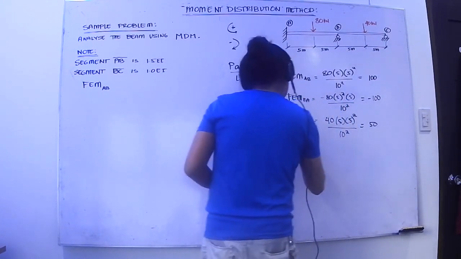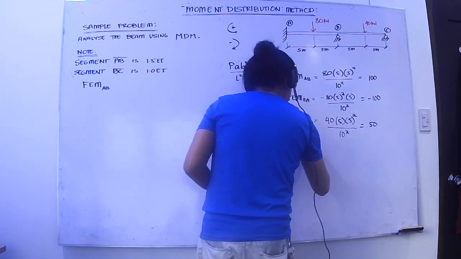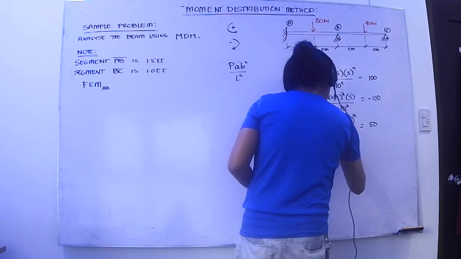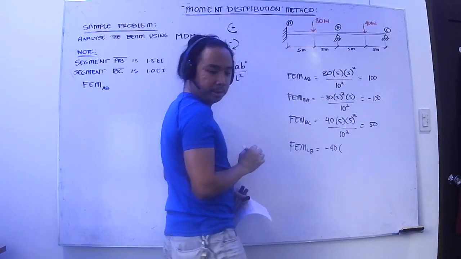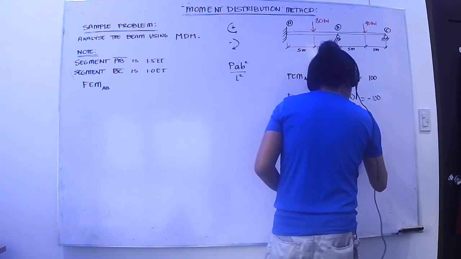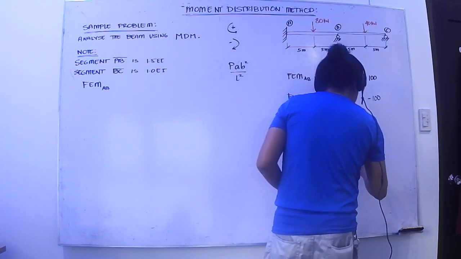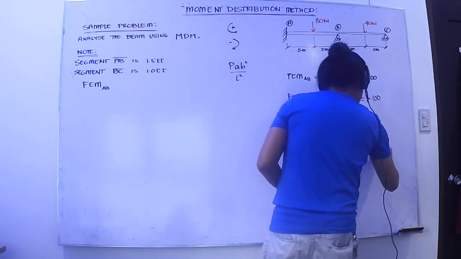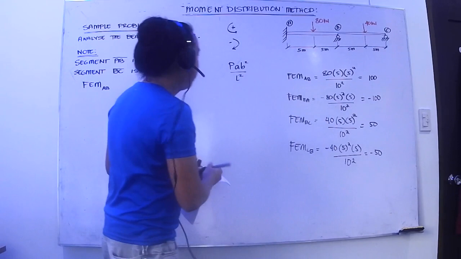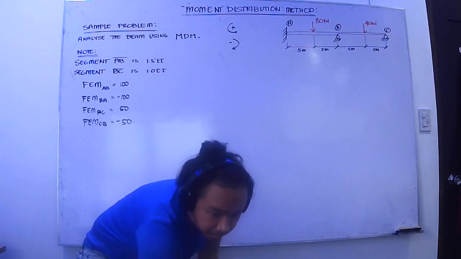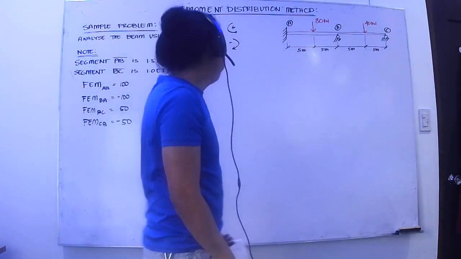Likewise, FEM CB is negative 40 times 5 squared over 10 squared, because the rotation is clockwise and we change the roles of A and B. That is negative 50. So much for the FEMs.